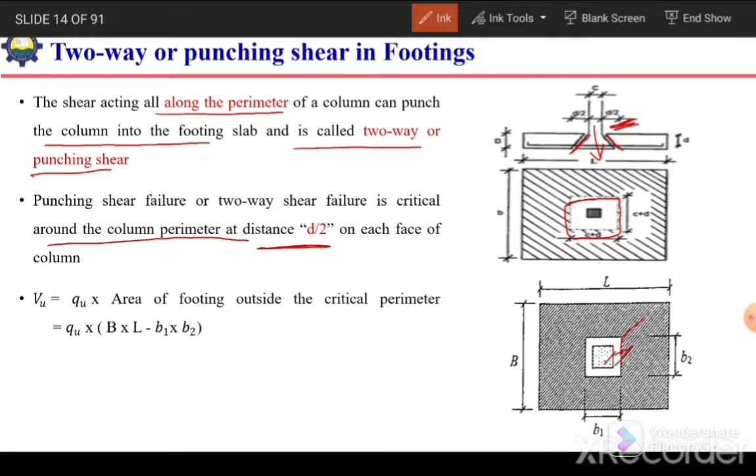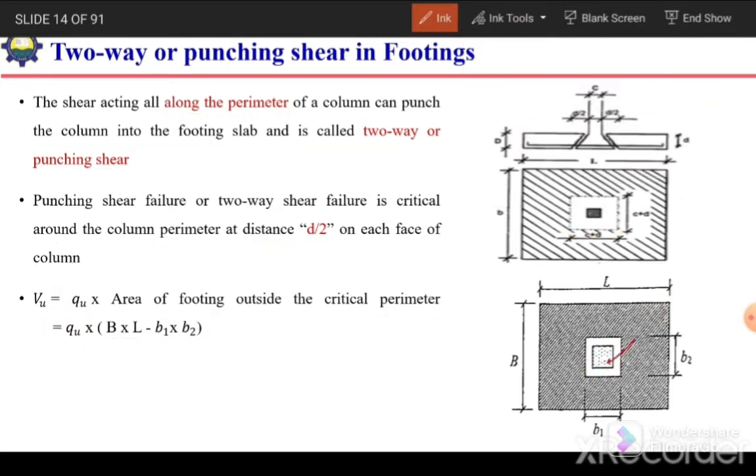Here the distance from the face up to the critical section is d by 2, where d is the effective depth of the slab. The applied two-way shear can be calculated by multiplying the contact pressure under the footing slab by the area of footing outside the critical perimeter. So qu multiplied by the total area minus the unshaded area inside the critical section gives the shaded area, and the load acting on this shaded area will cause two-way or punching shear.